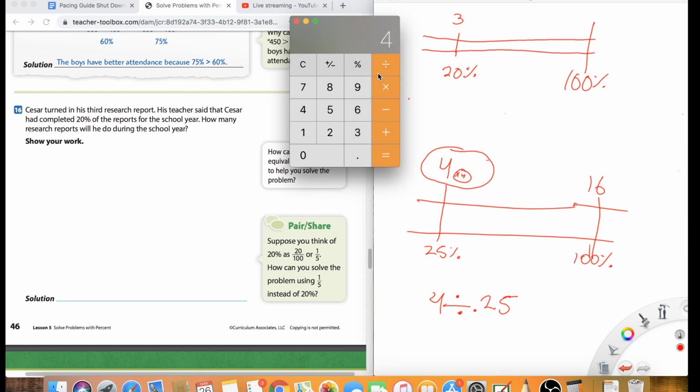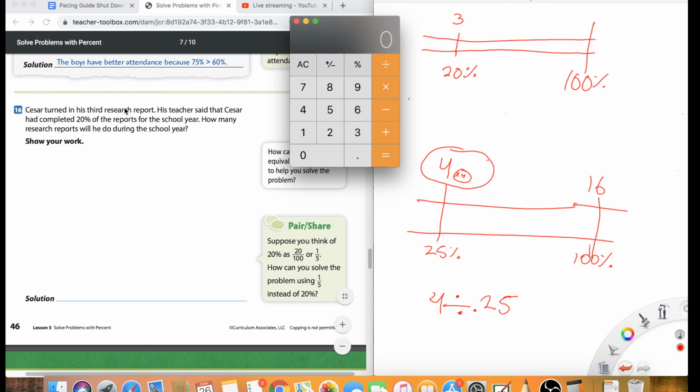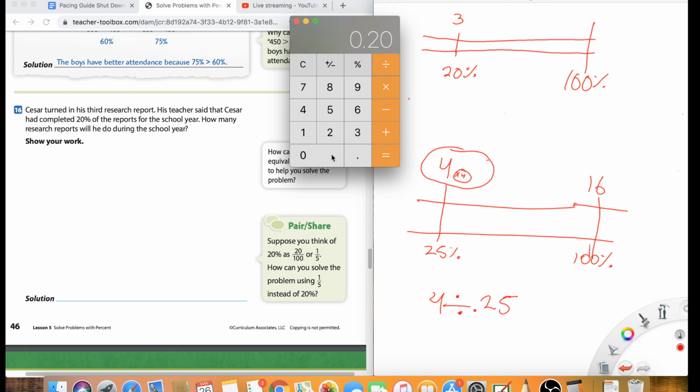So 4 divided by 0.25. There it is, 16. So instead of doing this whole double number line thing, you can just take 3, how many research reports he has done, and divide it by 0.20, and it'll tell you how many in total he has to do for the year, the 100%.